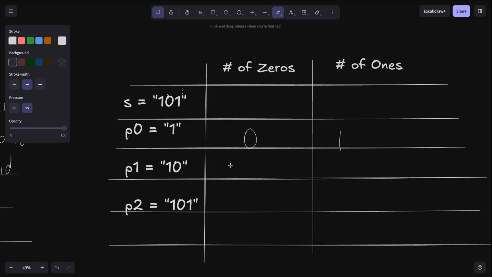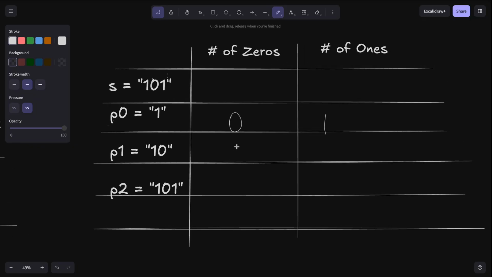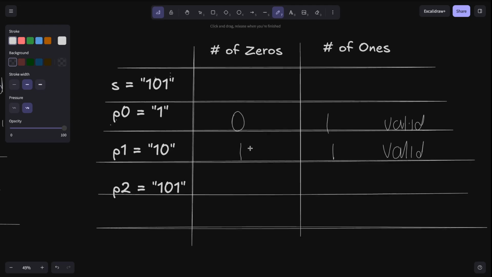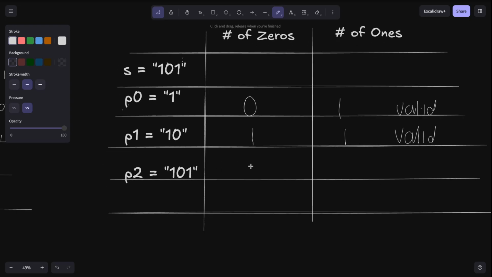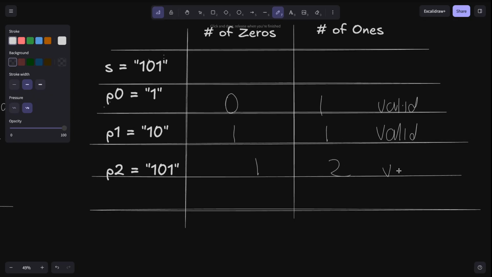There is 1 zero here and 1 one. This was valid. And lastly, there are 2 ones here and 1 zero here. This was also valid. And you'll notice a pattern here.